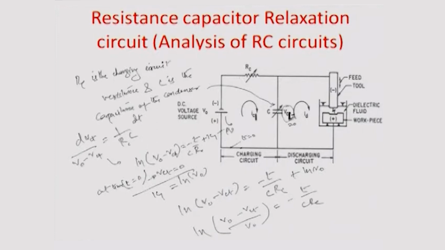In other words, the VC(t) value is actually equal to V0 times (1 minus e to the power of minus t by RC).